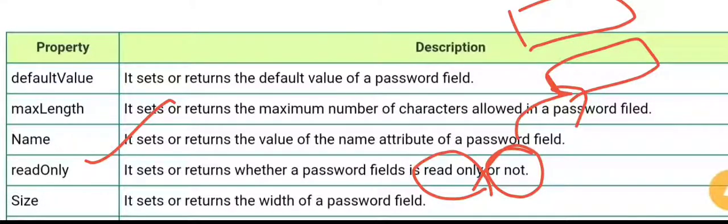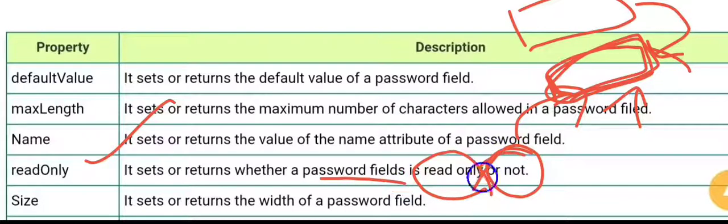Even though it may be an automated or default password, you need to enter it again and again. It means on that site it is read only data. So when we enter, whether the data is read or not, that is in this password field.